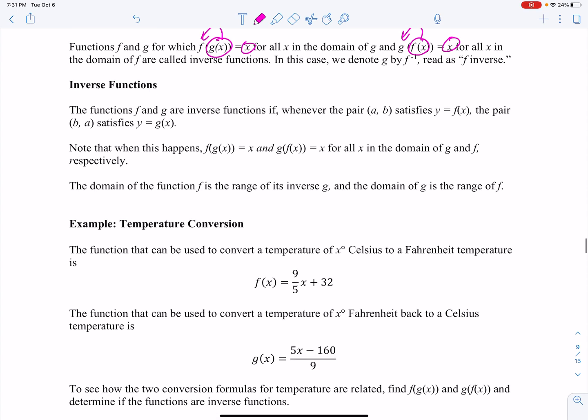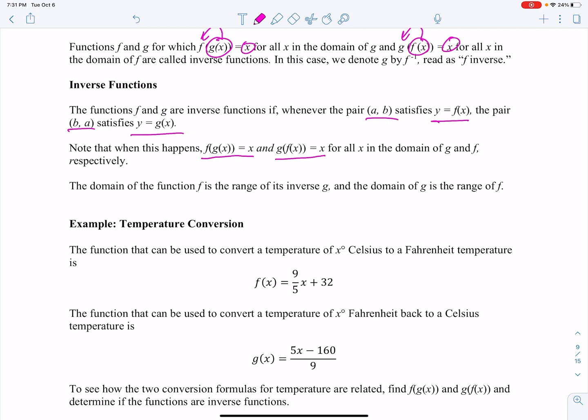So inverse functions, the functions f and g are inverse functions if, whenever the pair (a, b) satisfies y equals f of x, the pair (b, a) satisfies y equals g of x. In other words, we're flipping the domain and range, we're switching the x's and the y's. Okay, and like we just set up above, when this happens, f of g of x is going to equal x, and g of f of x is also going to equal x, for all x in the domain of g and f, respectively.